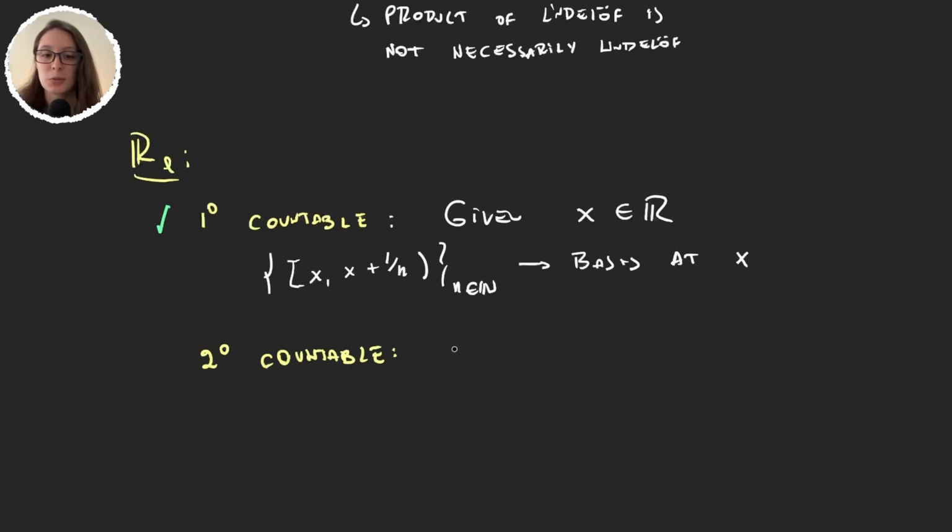For this, let's suppose that we have a basis B, and let's see if this basis B can be countable. Let's make use of the local basis at each point in the real numbers.